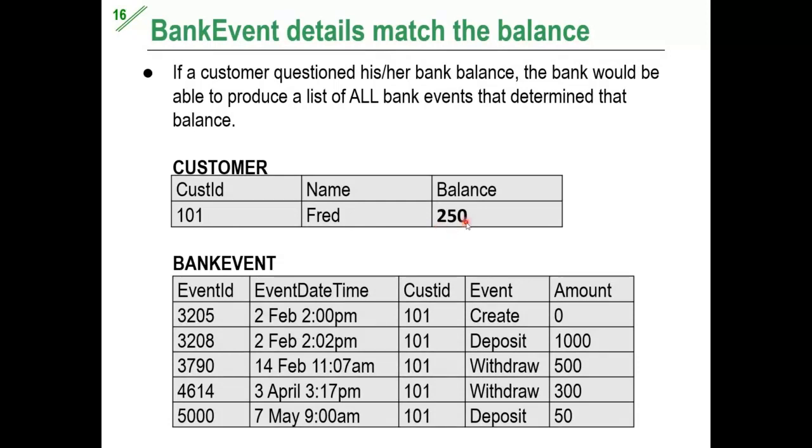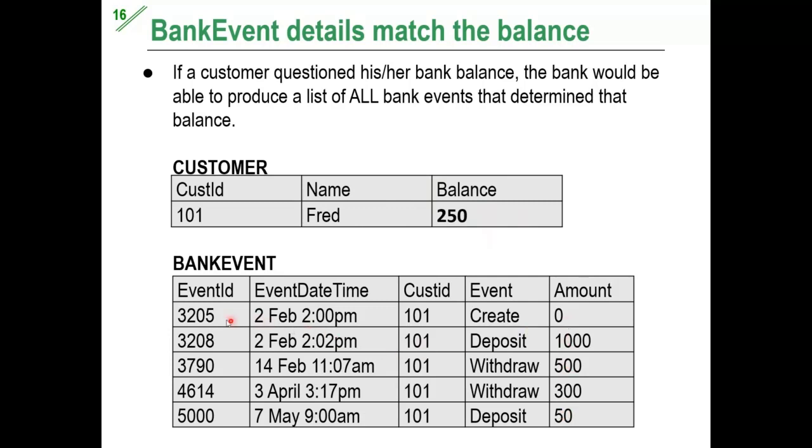of my bank account. Now you can see there are two accounts, right? I have the balance of 250 in the customer account. That balance needs to be matched with the history recorded in the bank event table.